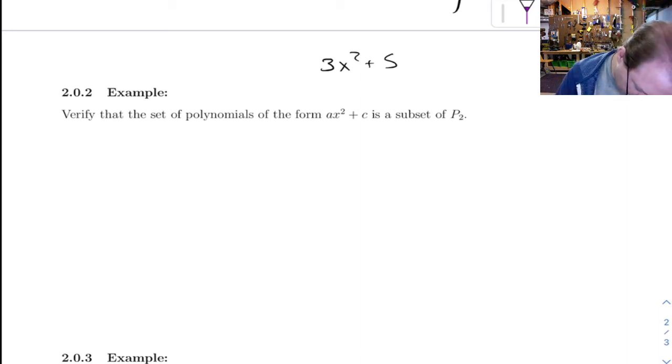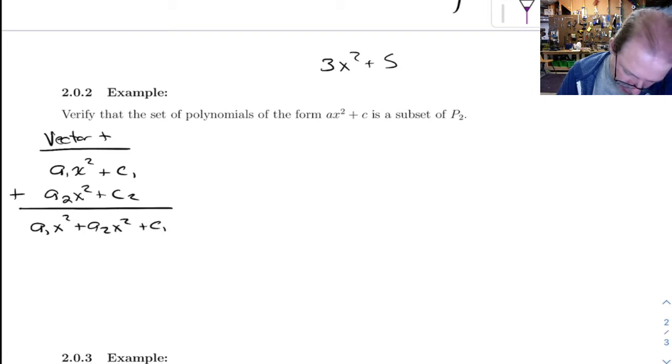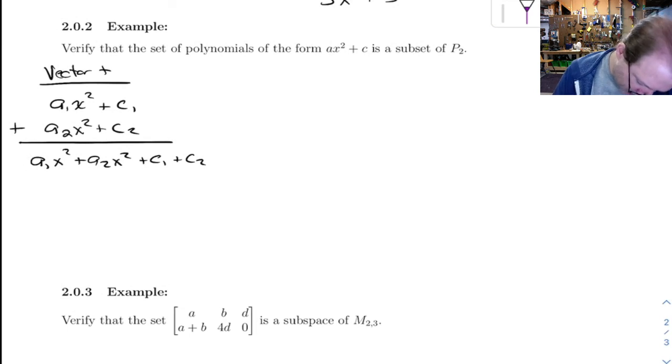So for vector addition, we're going to take 2 of these, a1x squared plus c1, and a2x squared plus c2. We're going to add these together. We'll get a1x squared plus a2x squared plus c1 plus c2. And does that have the right form?